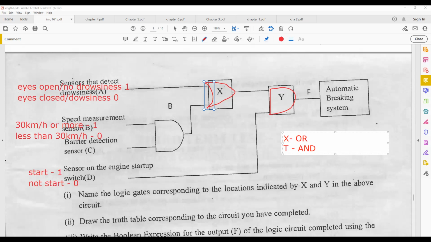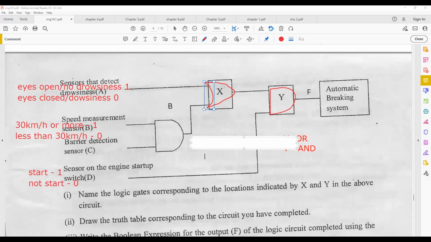Right. Now let's draw the truth table. So how many inputs are there? We have A, B, C, D. So in this manner, what is the outcome here? So this is an AND gate.